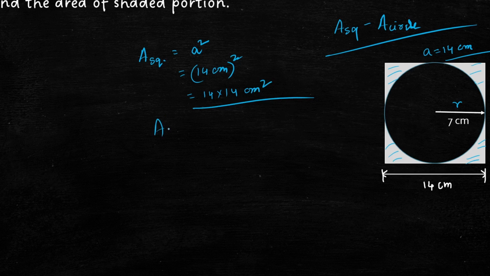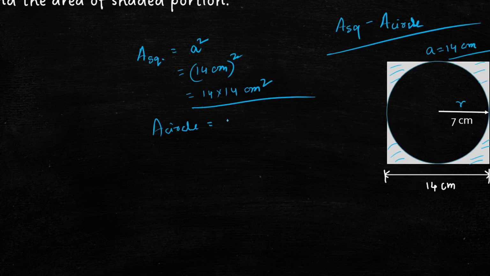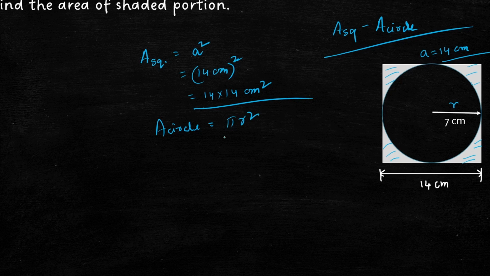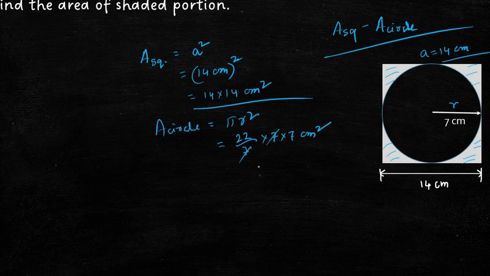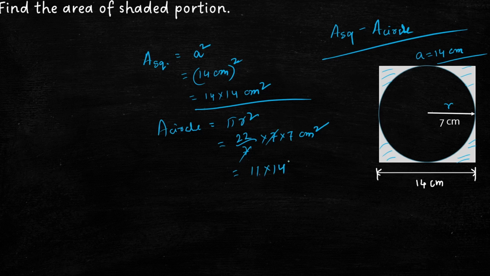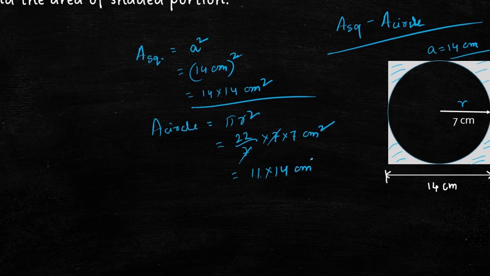And area of this circle is equal to pi r square, and r is equal to 7, so 22 by 7 into 7 into 7 centimeter square. So this 7 gets cancelled. This is 22 into 7, 154 centimeter square. This is the area of this circle.